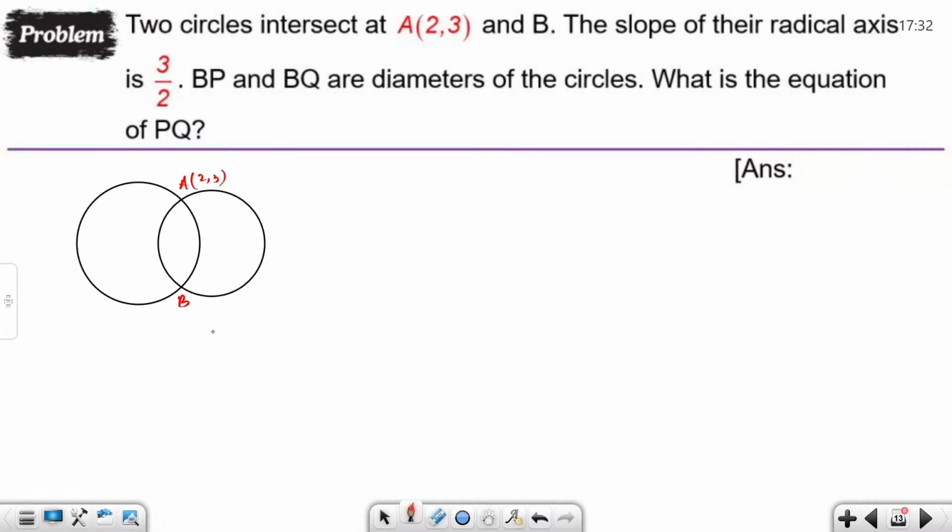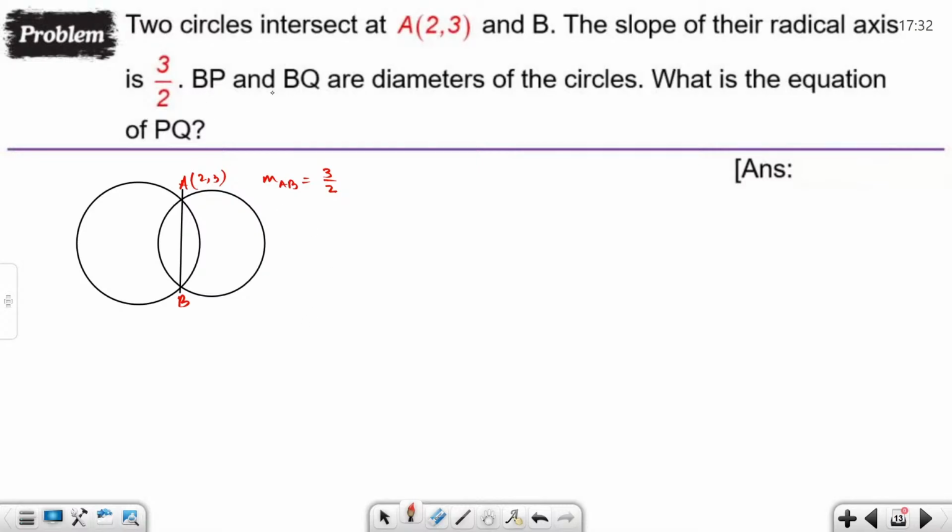I don't know the coordinate of B. The slope of the radical axis is 3 by 2. Which one is the radical axis? Your radical axis is the common chord. And the slope of AB is 3 over 2.